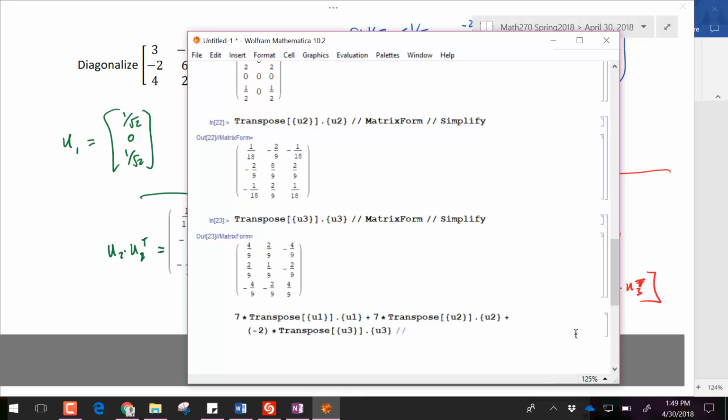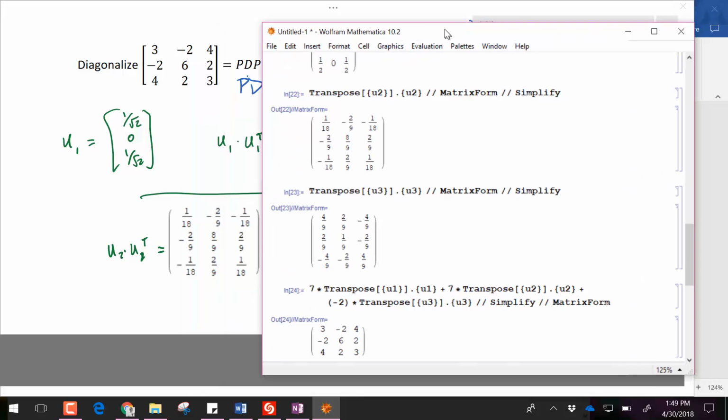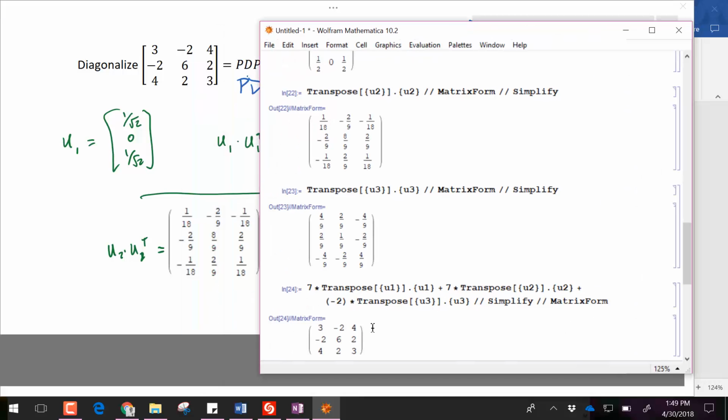So after we simplify it and all that. Is it? Right there. So it worked. Whew. That's nice.